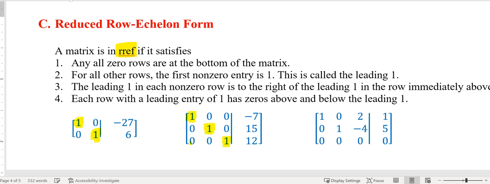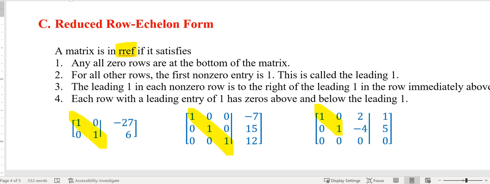Number 3, the leading 1 in each non-zero row is to the right of the leading 1 in the row immediately above. What does that mean? That means that you have to have 1s going down a diagonal. Each row with a leading entry of 1 has zeros above and below the leading 1.